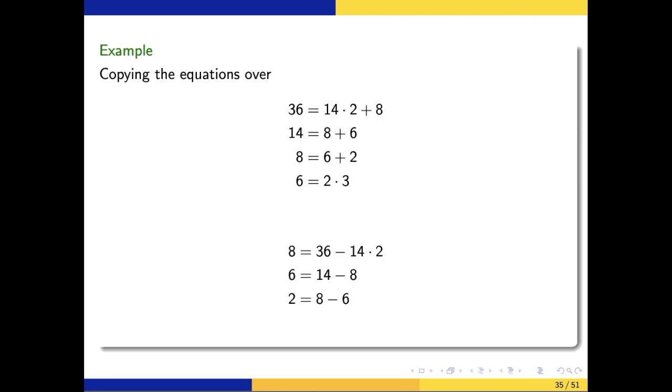Rearranging the first equation, we have 8 equals 36 minus 14 times 2. The second one gives us 6 equals 14 minus 8, and the third gives 2 equals 8 minus 6. Now we substitute the first equation into the second into the third, and this will give us a linear combination of 36 and 14 that equals 2.